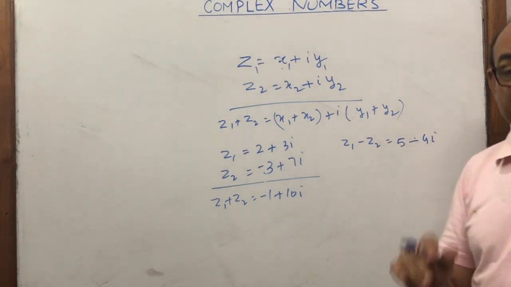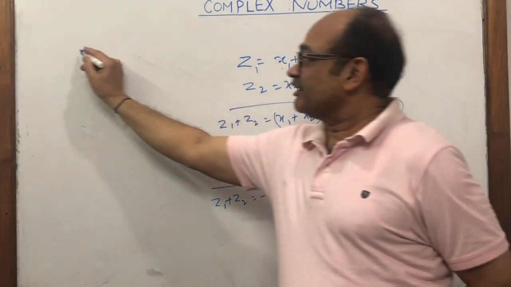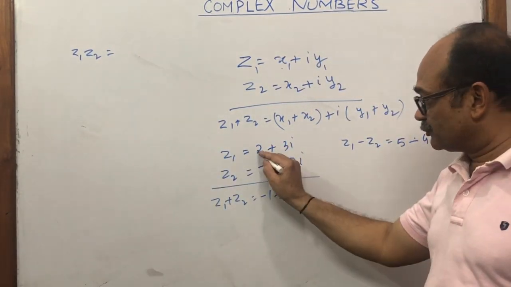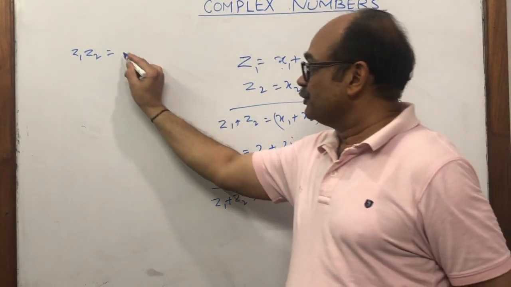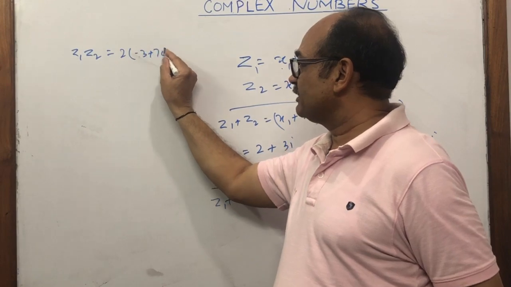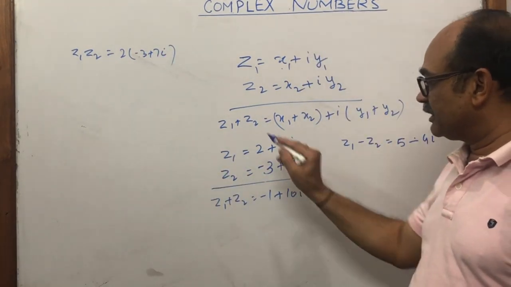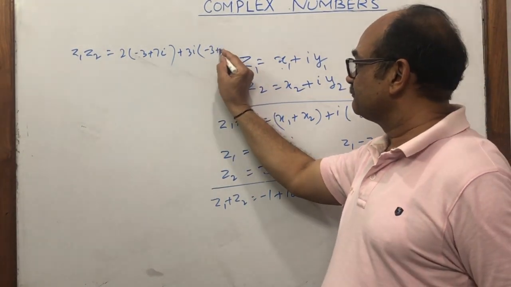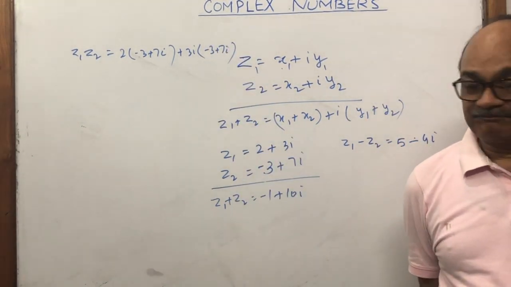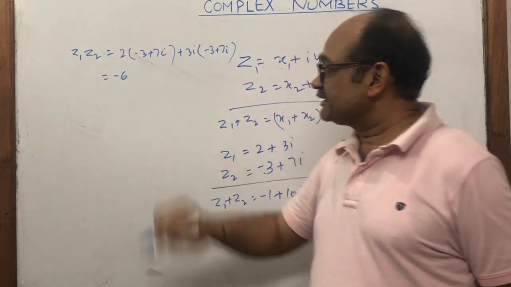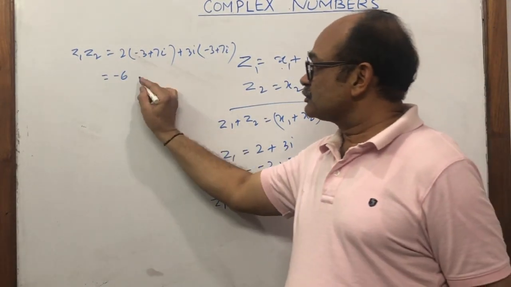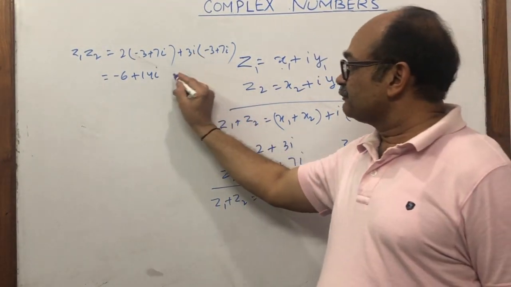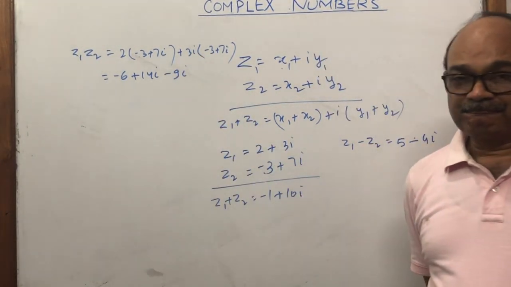Now we want to multiply these two. How do we multiply? z1 into z2. Simple multiplication. First 2 multiplied by these two: 2 into minus 3 plus 7 iota. Then 3 iota multiplied by minus 3 plus 7 iota. See what we are getting. 2 into minus 3 is minus 6. 2 into 7, 14 iota. 3 iota into minus 3, minus 9 iota.